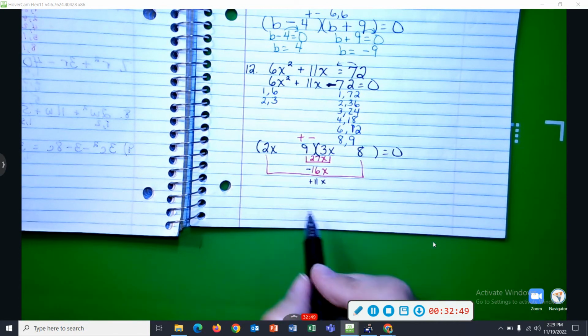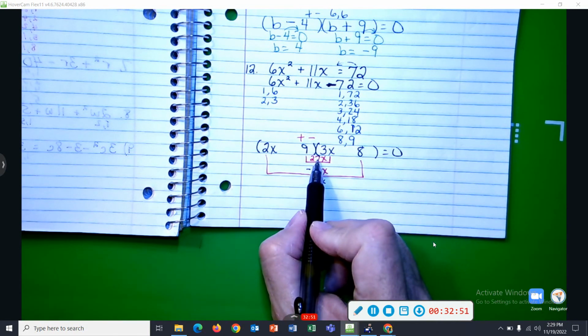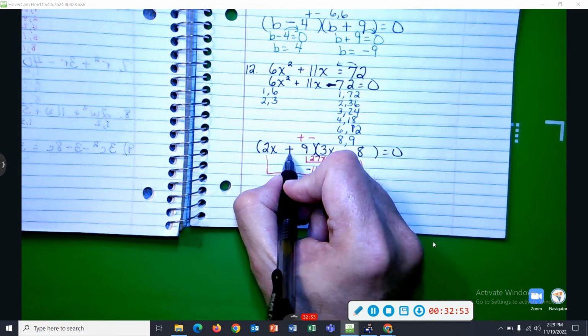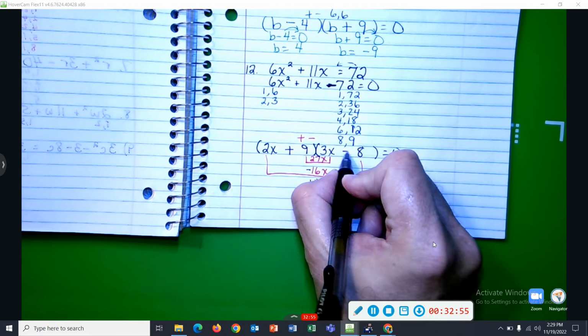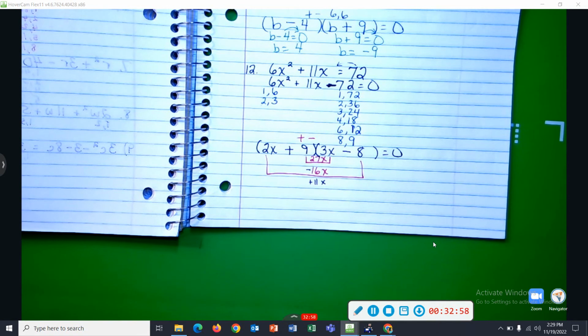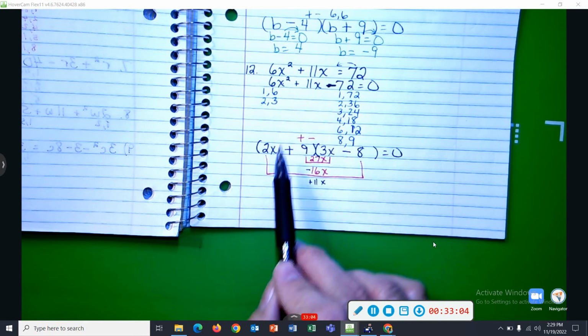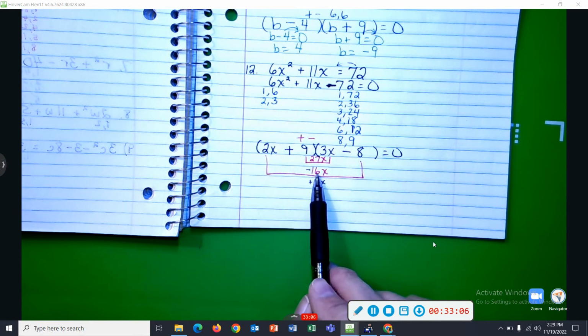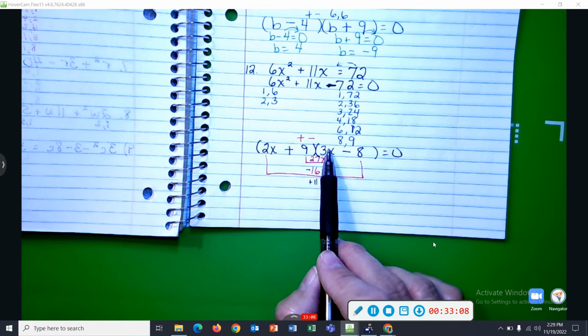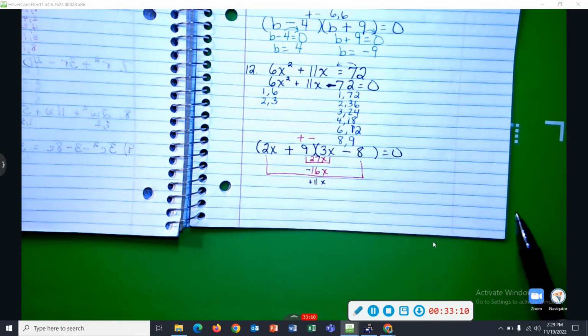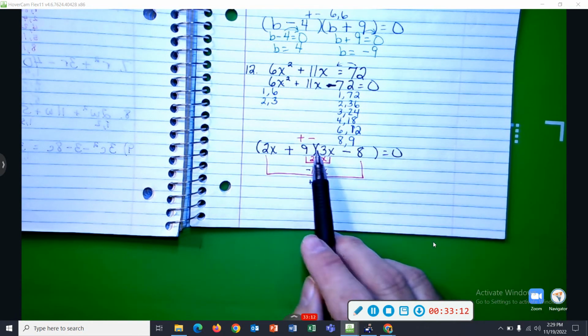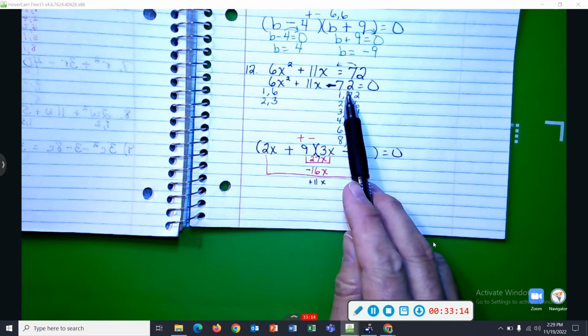So if I'm going to get a positive 27, that would mean I need a plus here and a minus right there. Now see how I FOILed that out? So it'd be a 6x squared, then a minus 16x and a plus 27x. That gives us the positive 11x and then minus 72.